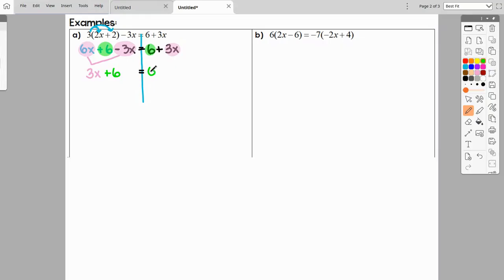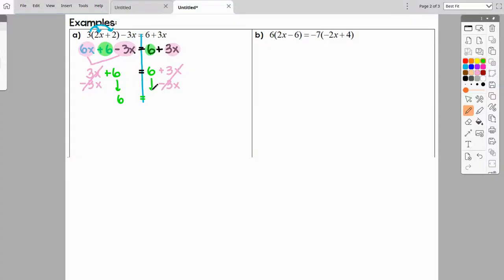Now that I have like terms on opposite sides, I'll have to do the opposite operation. So to combine the 3x with the other x term on the right side, I'll have to do the opposite, which is subtract 3x. 3x minus 3x cancels out to 0x, and I bring down the number 6 that I had still left on that side that I haven't done anything with. 3x minus 3x also cancels out, so I know I have a special solution because I just canceled out my x's here.